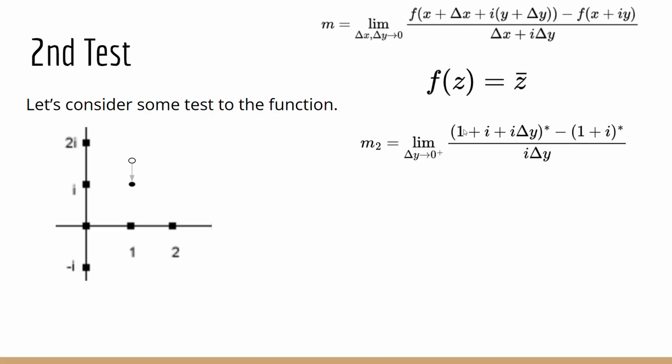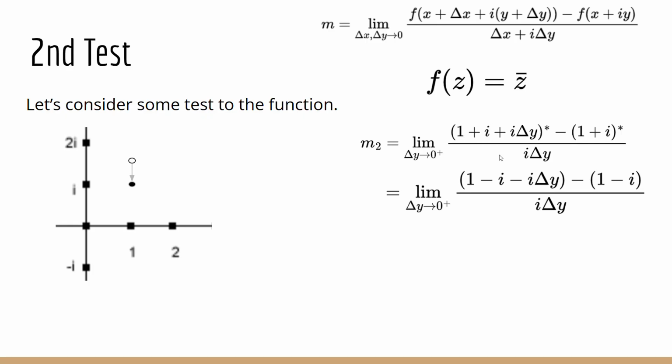As we take the complex conjugate, the sign of the imaginary part gets flipped around. So it used to be i plus i delta y, now it's negative i minus i delta y. We do some cancellations, and we end up with negative i delta y over i delta y.